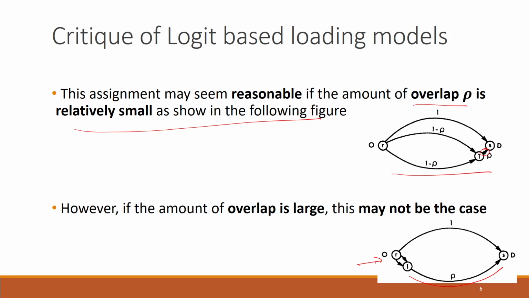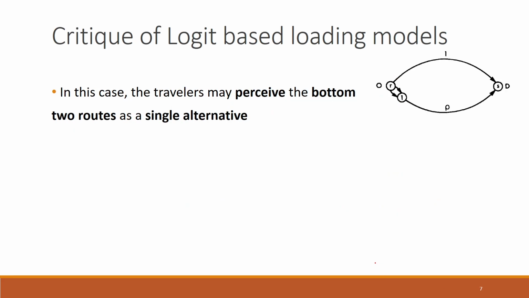And why is that the case? Because in this case, when the overlapping portion rho is very large, the travelers may perceive the bottom two routes as a single alternative. Since this portion which is separating these two bottommost paths is very small, and for most of the portions these two paths are the same, because rho is this overlapping portion here.